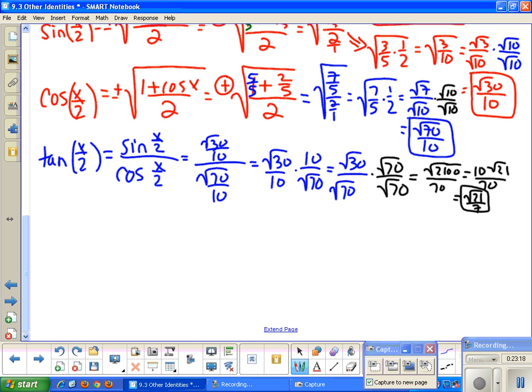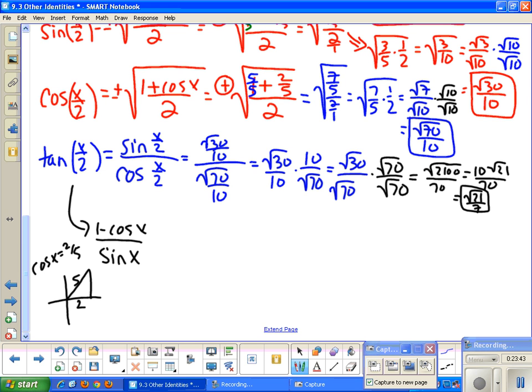Let's say I wanted to actually use one of the tangent half angle identities. So another one I could have done for this is 1 minus cosine x over sine x, and in this case we would actually have to figure out what sine x is equal to. We would know that we were in the first quadrant because we found that earlier, and I know that this is 2/5 because we were given that the cosine of x was equal to 2/5.